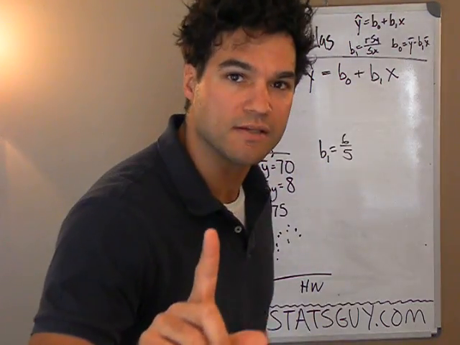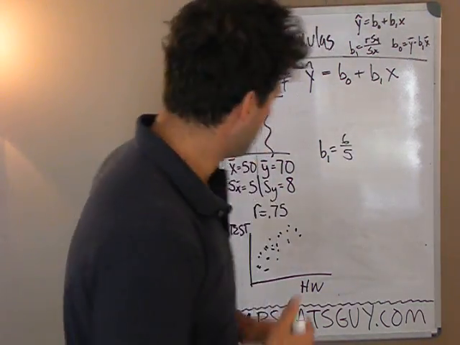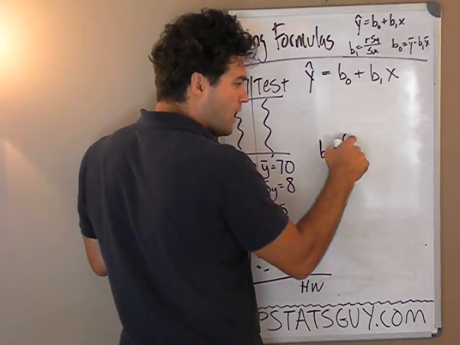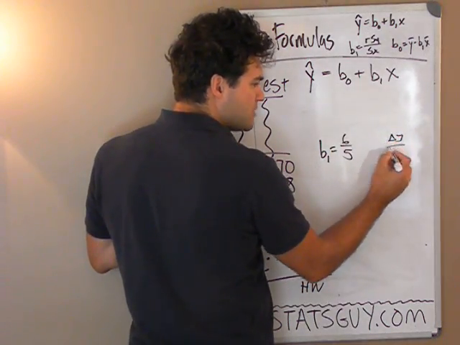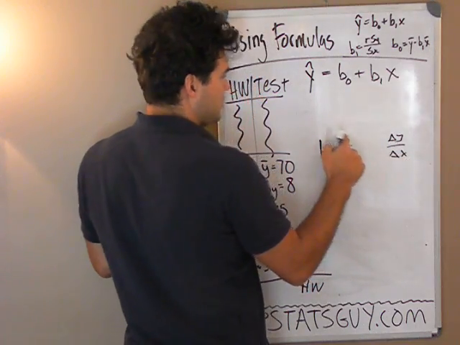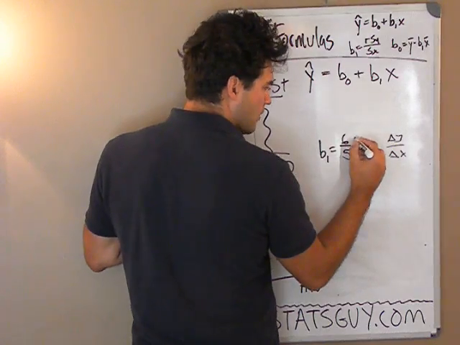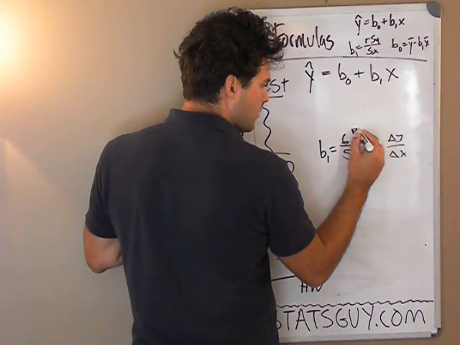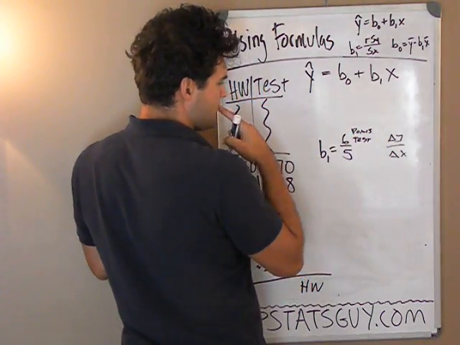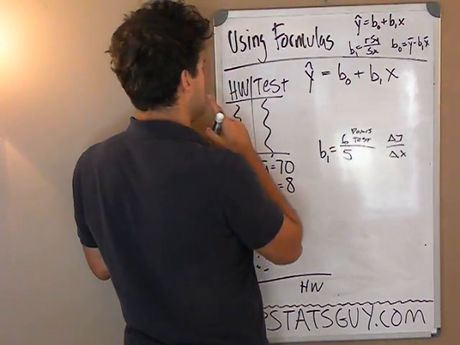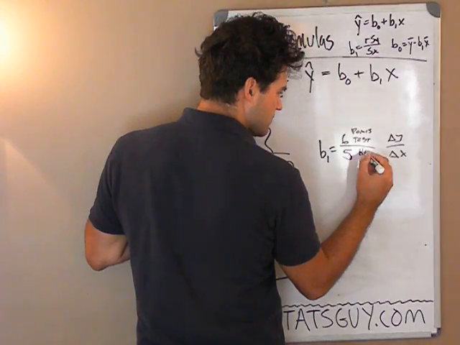My slope is 6 over 5. Remember what that is in units. Let's interpret that real quick. 6 over 5 is rise over run, change in y over change in x. 6 is the change in y, so y would be test score, and this is points. And 5 would be homework average.